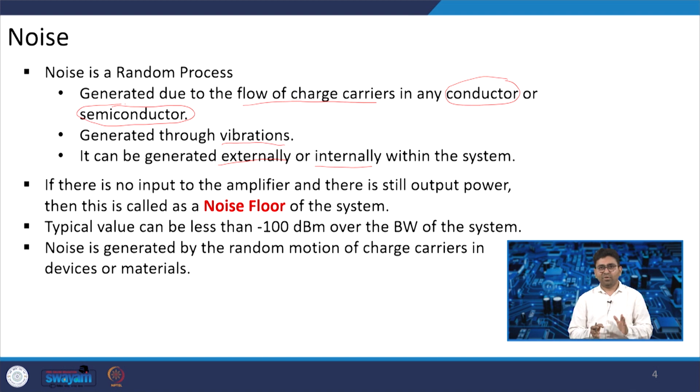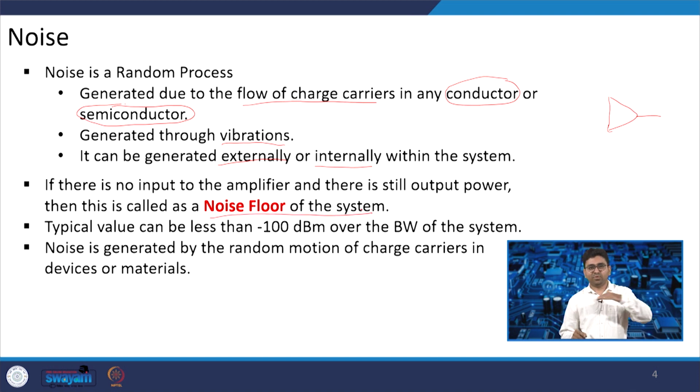Within the system that we are targeting, let us say I have a certain amplifier and I have not given any input, but if I have an accurate spectrum analyzer, then if you supply the DC, you will still get some output, and that output power is called the noise floor of the system.